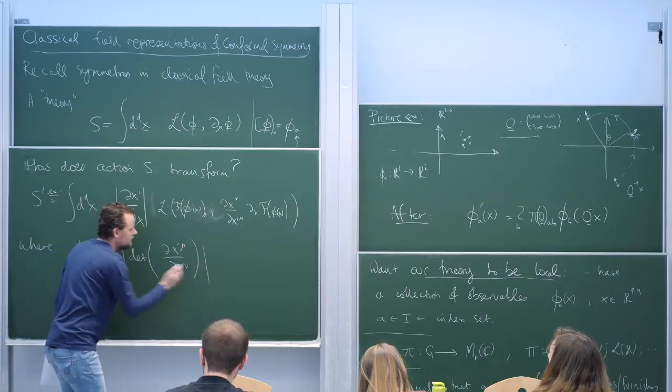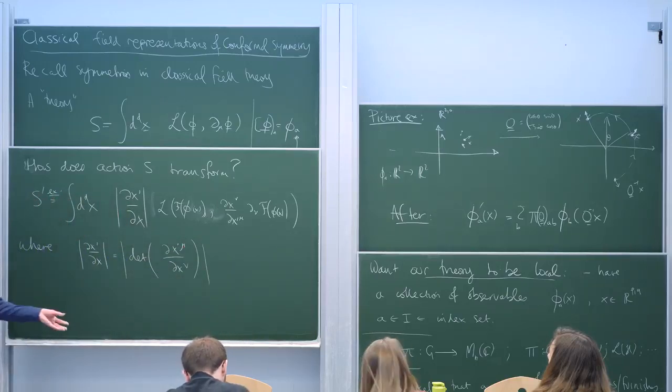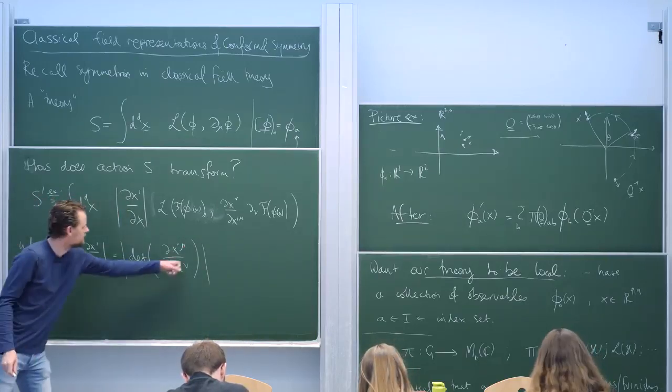Oops, absolute value. So we have a Jacobian, you change variables, so you're going to get a Jacobian. That's what the Jacobian looks like.